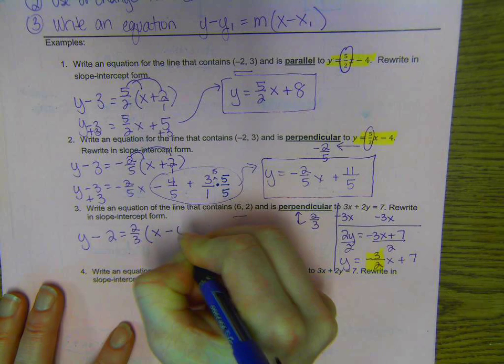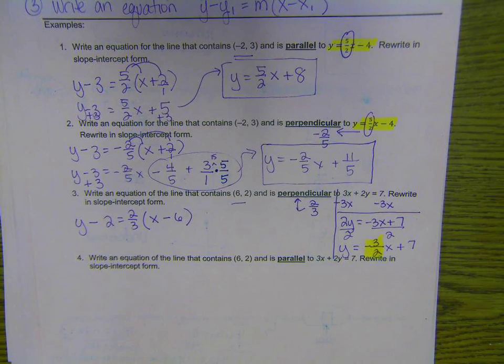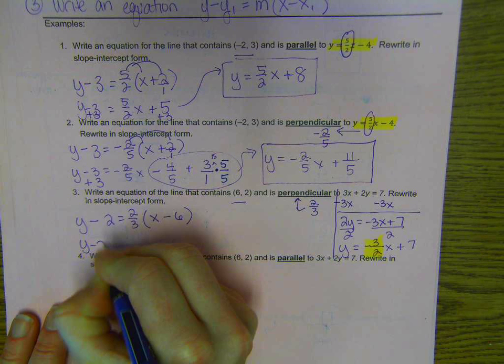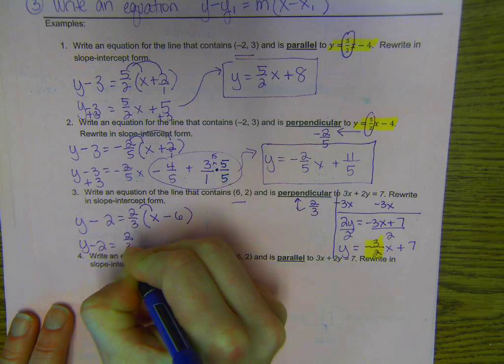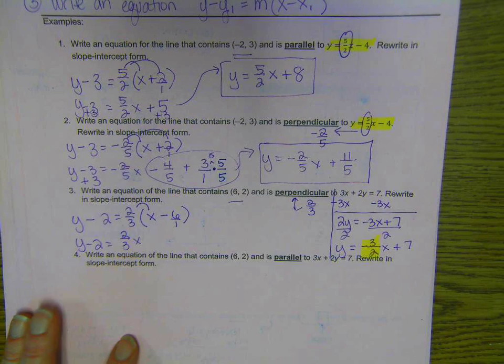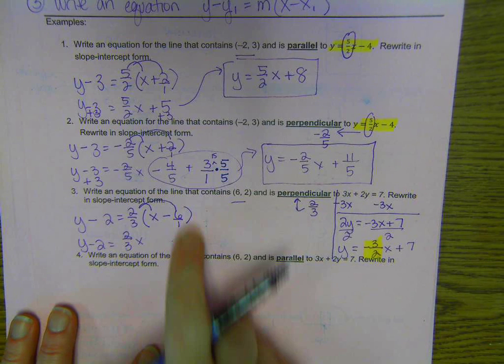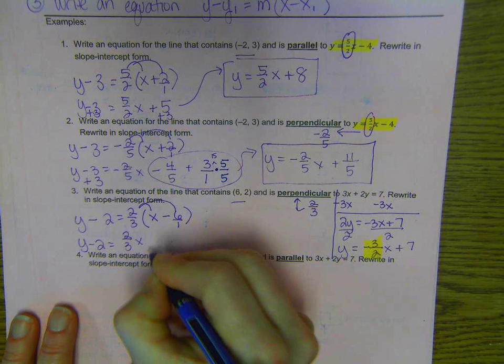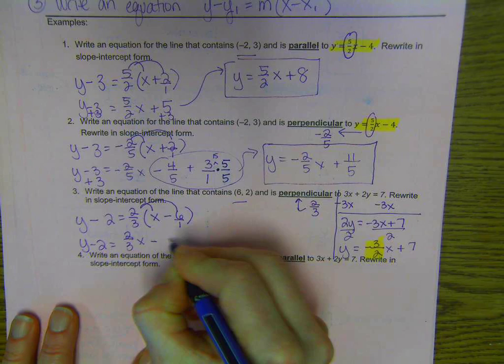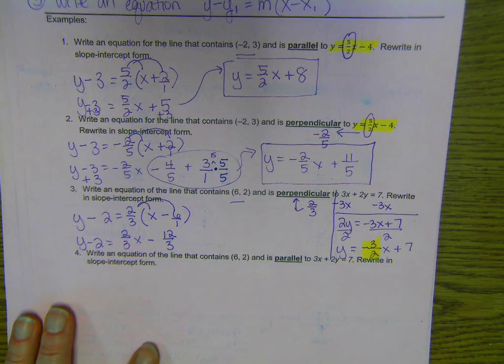Let's distribute. We have 2/3 x. Alright, if it helps you, let's put this over 1. If I multiplied these fractions together, 2/3 times 6 over 1, wouldn't I get 12 over 3? And what is 12 over 3? 4. Okay.